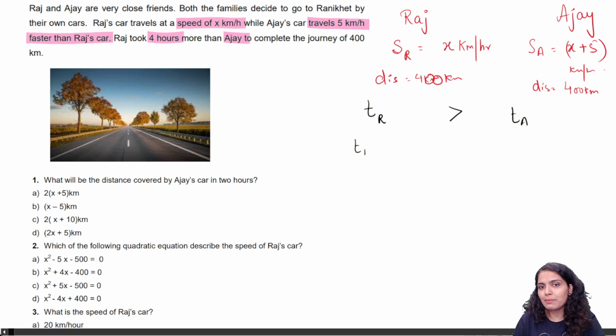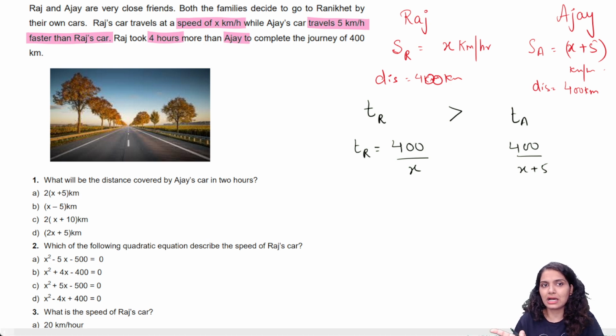So what will be TR? TR will be distance upon speed. Correct? Speed is equal to distance upon time, or I can say time is equal to distance upon speed. Similarly for Ajay, it will be 400 upon X plus 5. Right? Now it is also given that the difference in the time is 4.